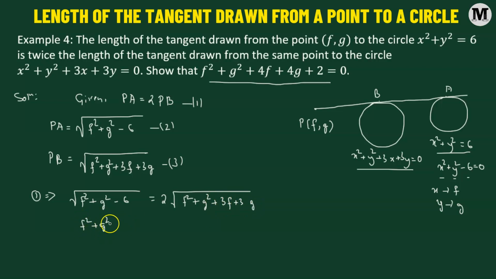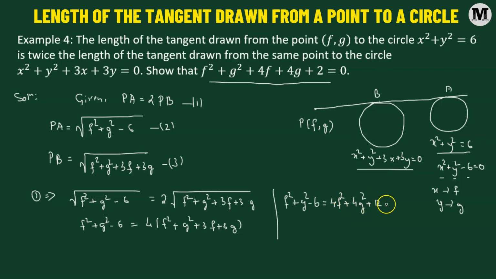We get f squared plus g squared minus 6 equals 4 times f squared plus g squared plus 3f plus 3g. So this is going to give us f squared plus g squared minus 6 equals 4f squared plus 4g squared plus 12f plus 12g.